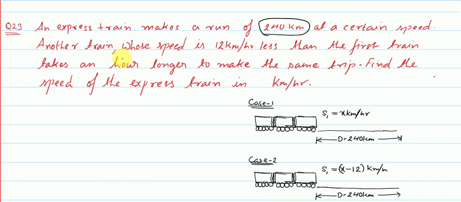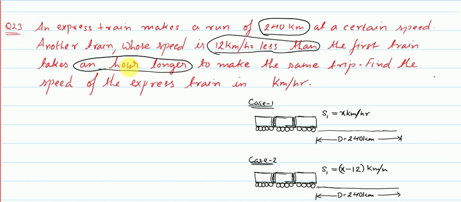Another train whose speed is 12 kilometer per hour less than the first train takes an hour longer to make the same trip. Find the speed of the express train in kilometer per hour.